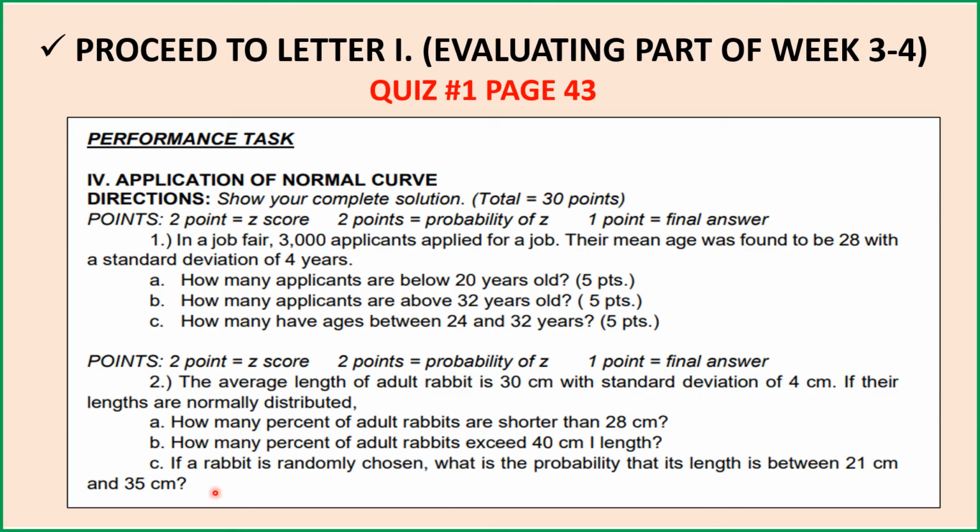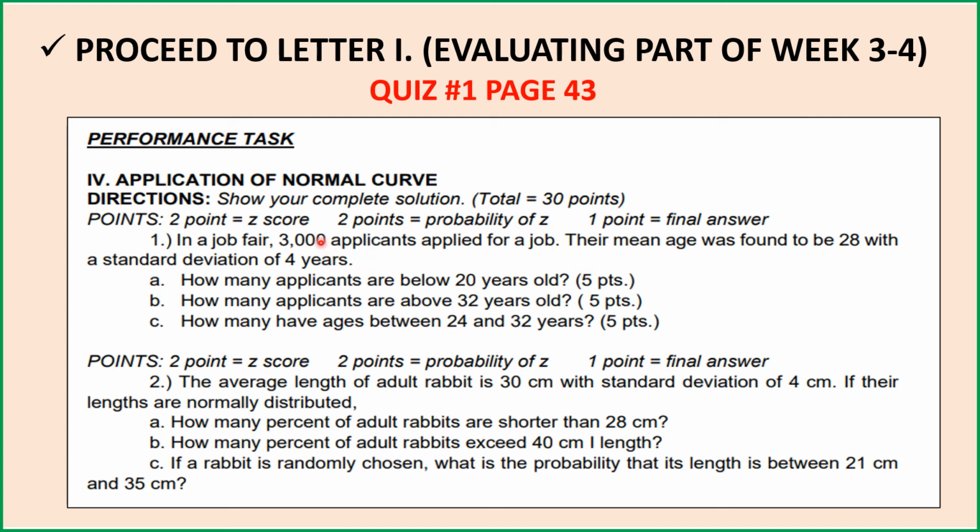So this is the evaluation part of week 3 to 4 or the performance task. Nagbigay naman ako ng correction sa Messenger, sa group chat nyo na, and I informed you na wag nang sagutin yung number 2 dahil yung rabbit part question, nandun na siya sa SciPax. So, yung sagutin nyo na lang is number 1.